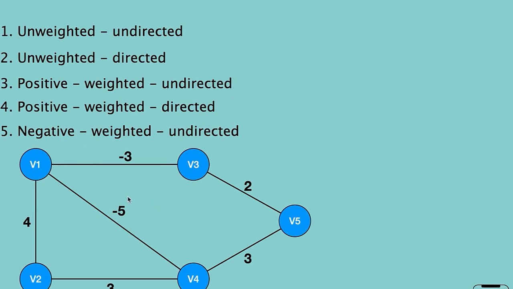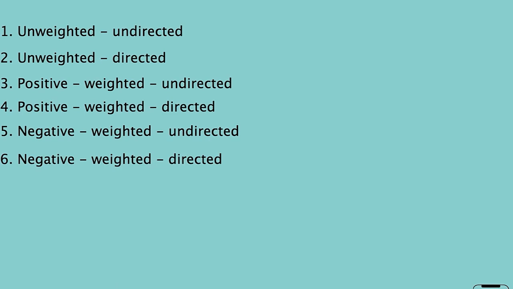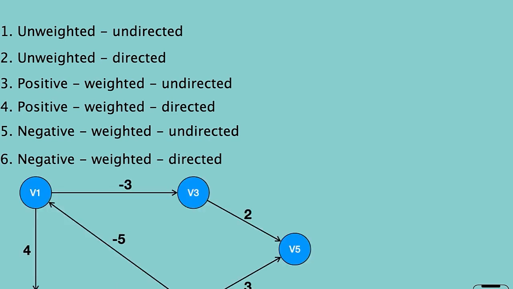It is undirected because we don't have any direction that is associated with the edge. So we can easily travel from V1 to V3 and we can come back from V3 to V1. So we don't have any direction that is associated with them. In case we have any direction over here, it will be called negative weighted directed graph. So here you can see that we have at least one negative weight that is associated with the edge, and we have direction that is specified for the edge over here.